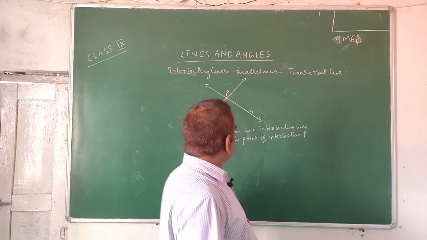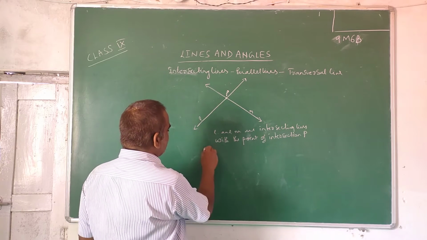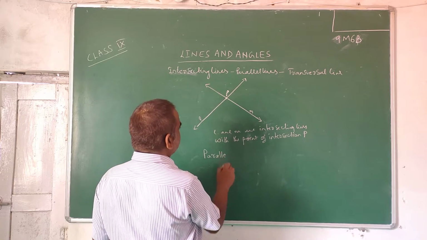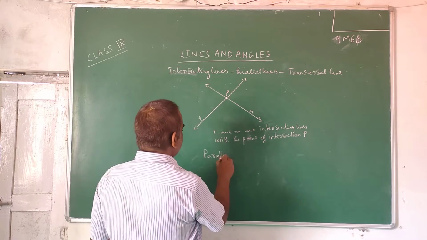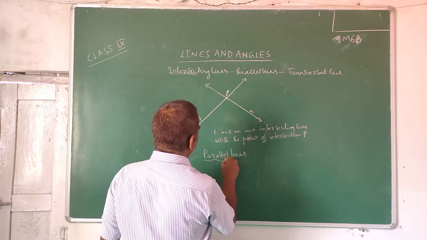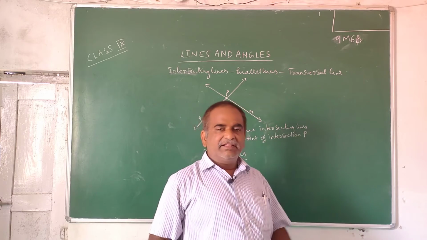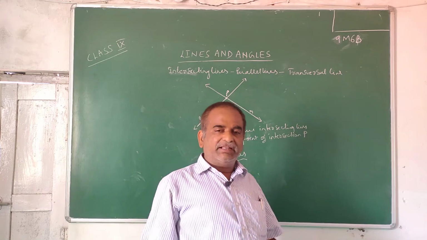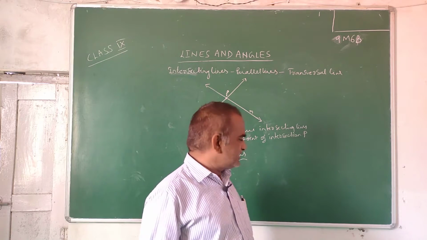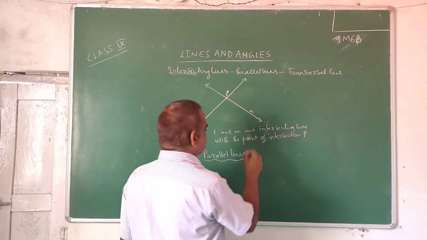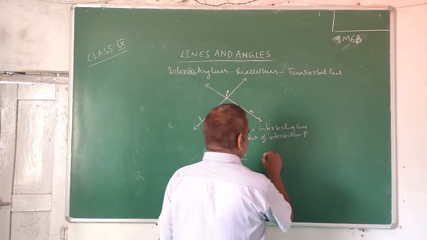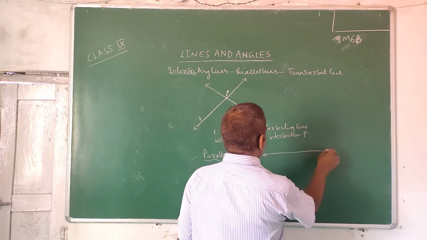Did you understand? Next, now parallel lines. It is just the opposite concept to the previous intersecting lines. Parallel lines: the lines which are non-intersecting are said to be parallel lines.